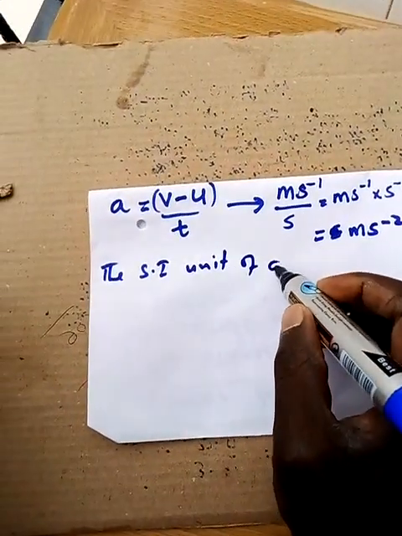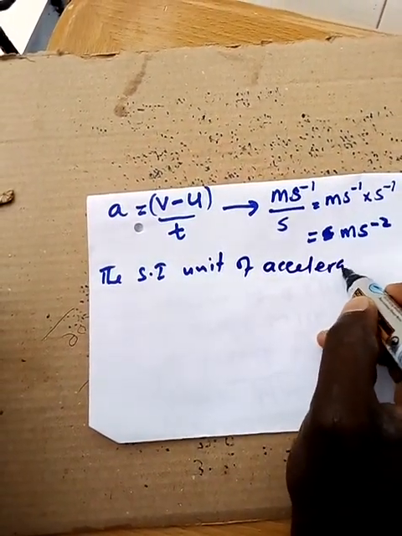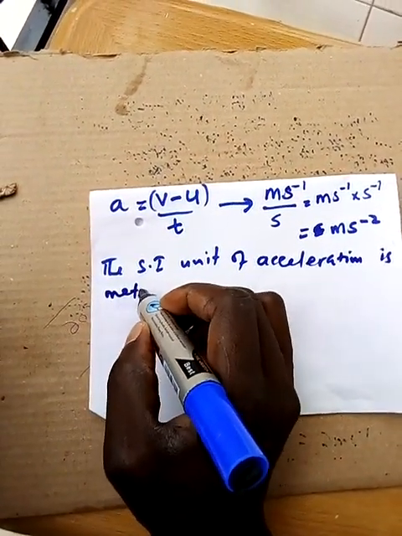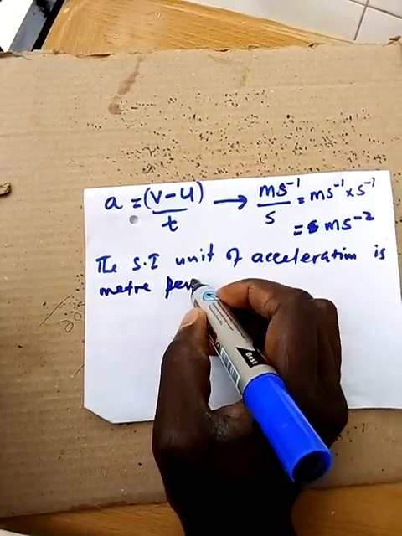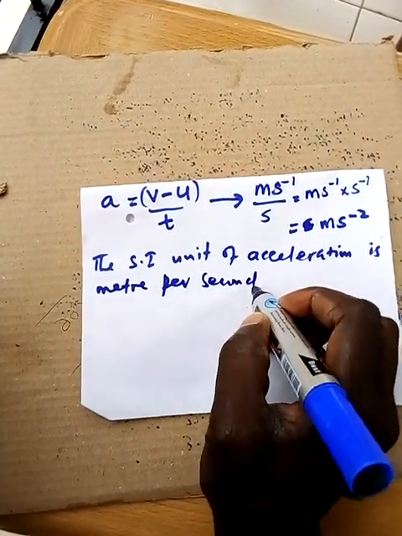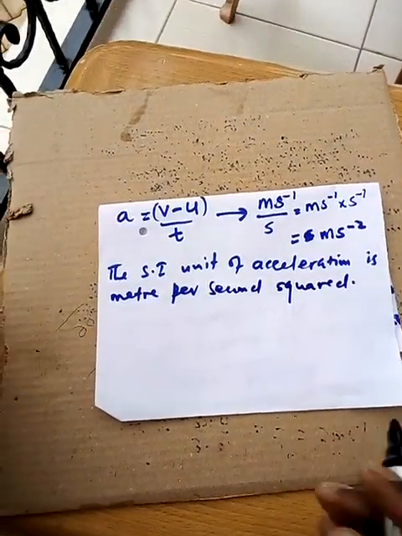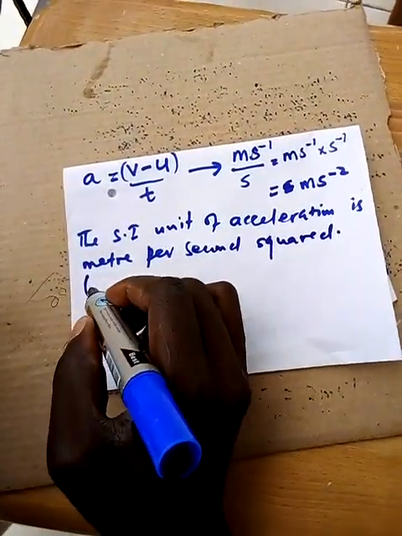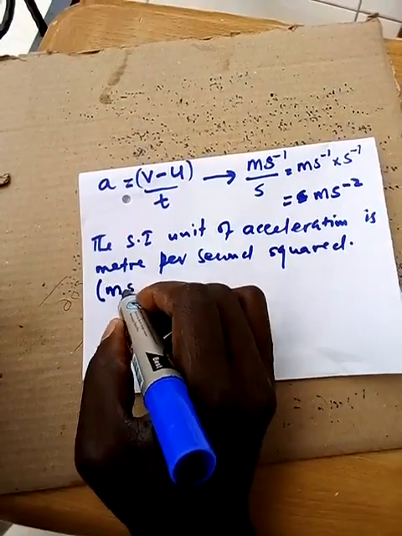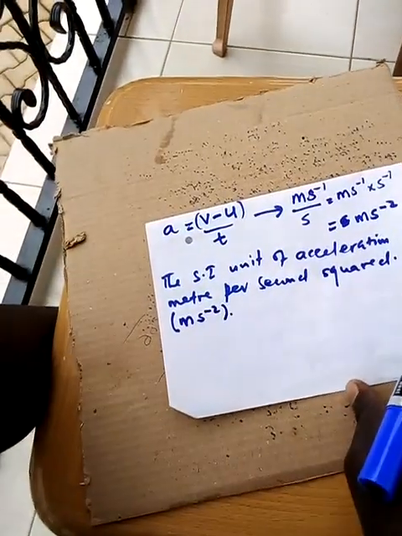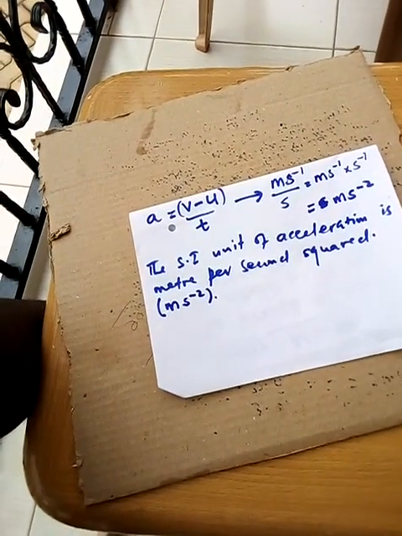In bracket you can say m s power negative 2. You cannot forget that.